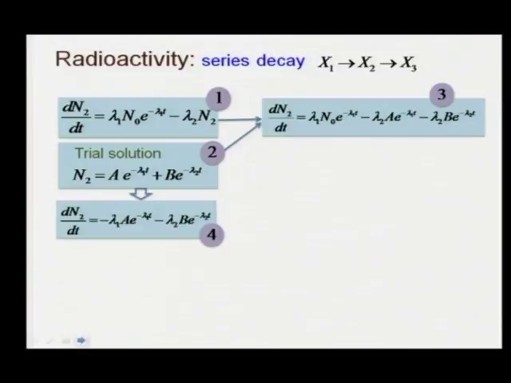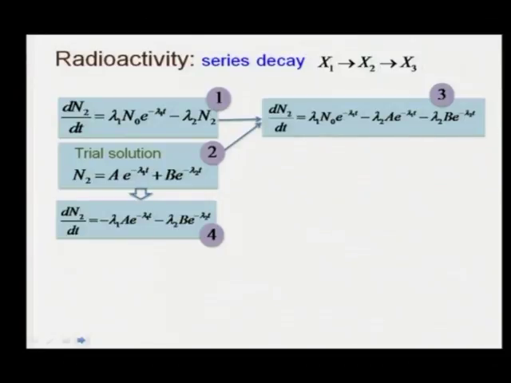We can also get dn2 by dt directly from equation 2, our trial solution. Differentiating equation 2 will give you dn2 by dt on our left hand side, and right hand side is minus lambda 1 A exponential minus lambda 1 t minus lambda 2 B exponential minus lambda 2 t.